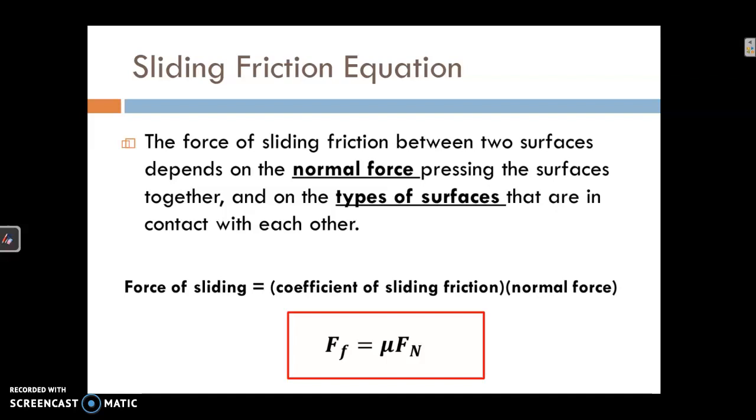It's a mu symbol, times the normal force, which we represent as F sub N. Again, the normal force is also our support force, or the support from the ground on the object, if we were to use object on object notation. So F sub F equals mu times F sub N.